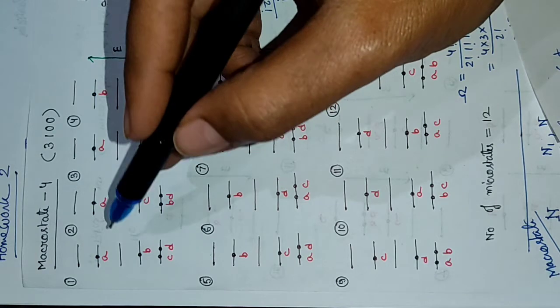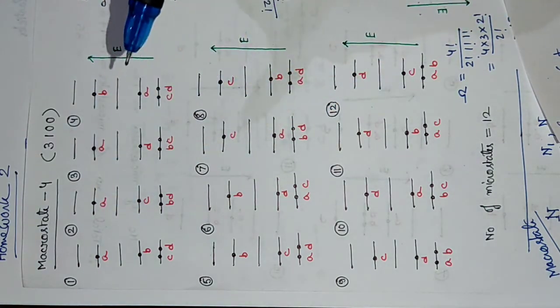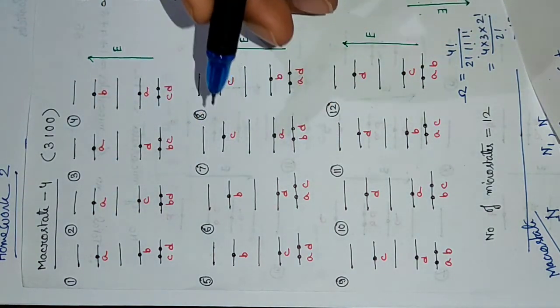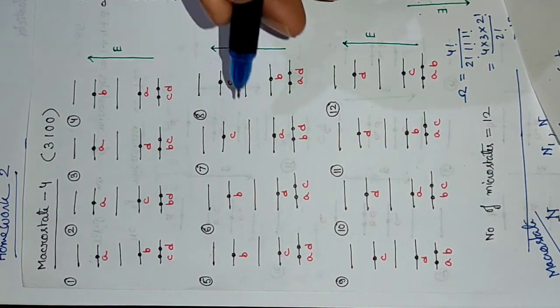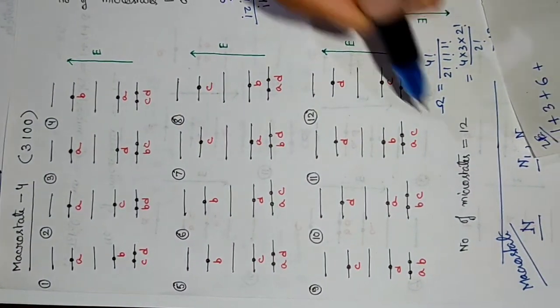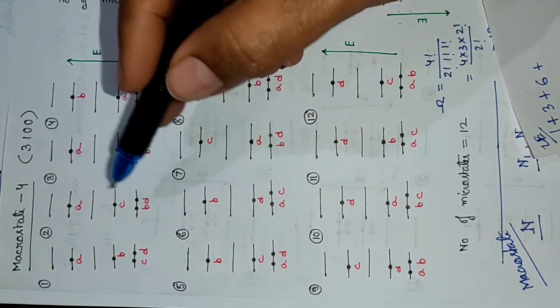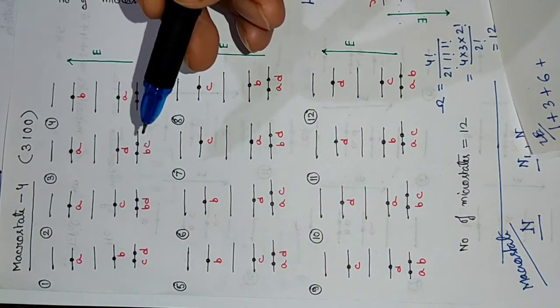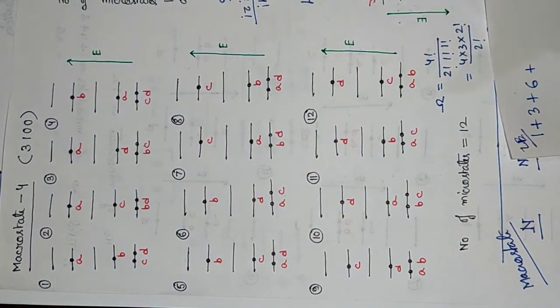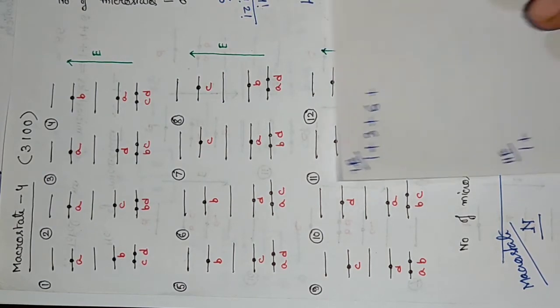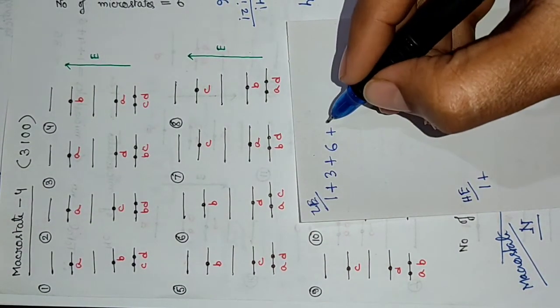Here A is enjoying 3 epsilon. But in all the remaining microstates, which is 9 in number, it is total 12, so 3 is getting ignored and 9 will be left.